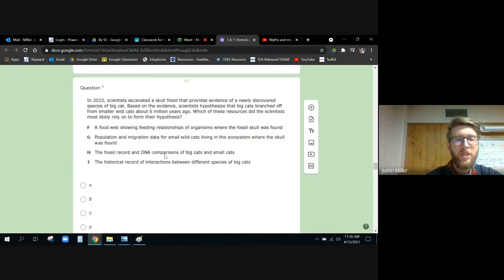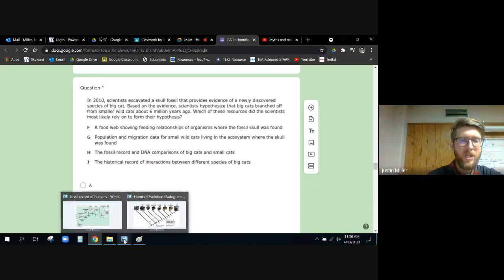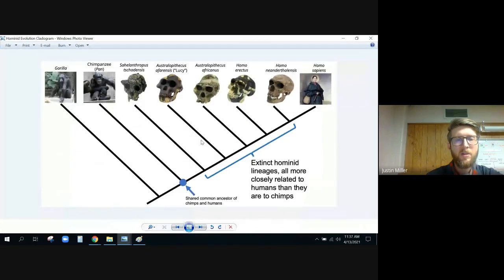The fossil record and DNA comparisons of big cats and small cats, that is it. Okay, so by looking at the fossil record, that's how you can tell how long ago species branched off from each other. So look at this. This is an example of gorillas and chimpanzees, and these are all of the predecessors that led up to people.